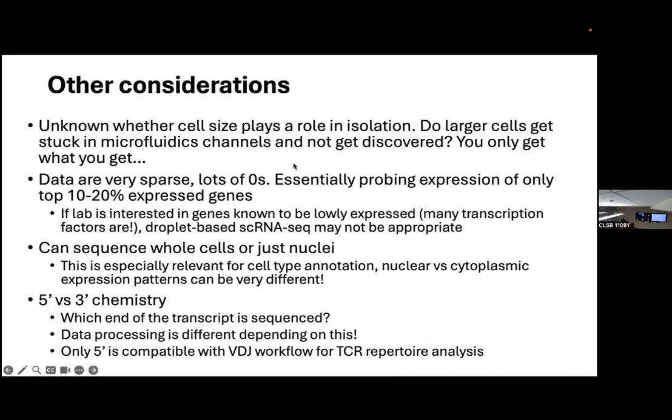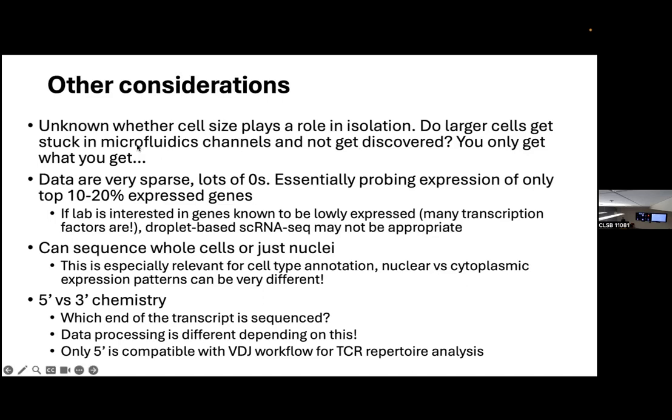Okay, so some other considerations to think of. Because 10x is a microfluidics approach, there is some fear that a really, really large cell would literally get physically stuck in the channels, because the channels are only 10 or 20 microns or something. This is a hard one to evaluate because you only get what you get on the other side, and so you often have no idea what you're missing.